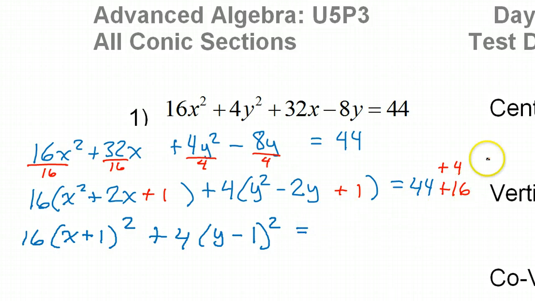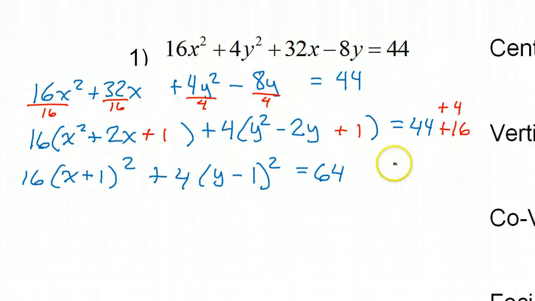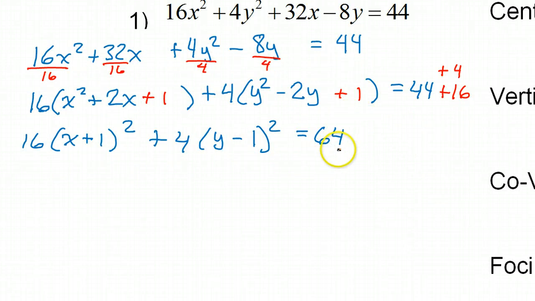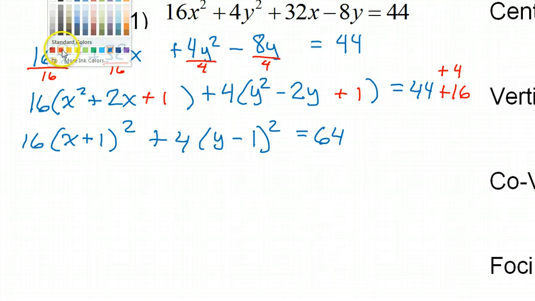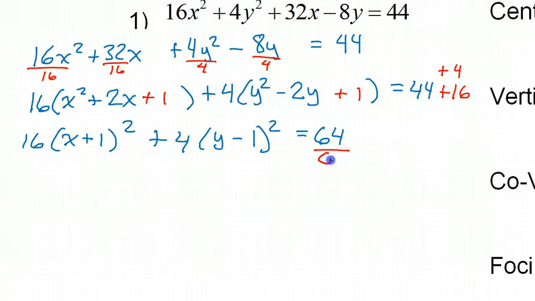And then this is going to equal, let's see, 16 plus 4 is 20, so that's 64. Okay. Well, for the model of an ellipse, we need to have a 1 over here. So of course I'm going to go back and divide everything by 64 to get that 1 going.